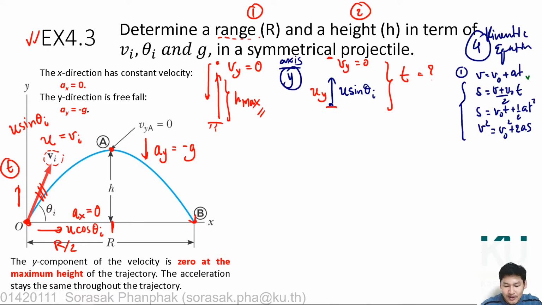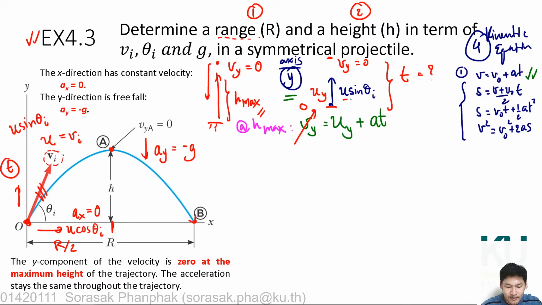I will choose the first equation and define it only in terms of the y-axis. So we get vy equals v0y, which you can rewrite as your uy, plus at. You can sub in all the information you already know, because it's reaching the maximum point, so your vy is 0. This is at H max. And what about u here?